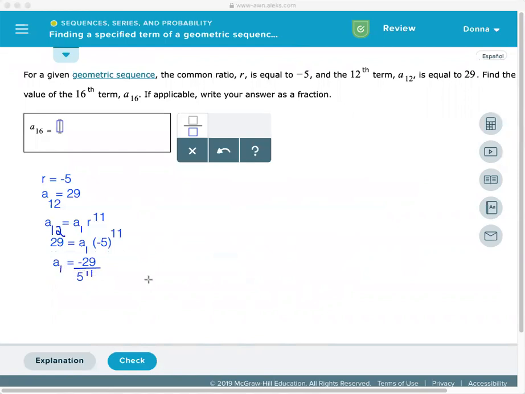And so now that I have my value for A1, I can compute any value because I have A1 and R. So then I have A sub n is going to equal A1 times R to the n minus 1. And now I can figure out A16.